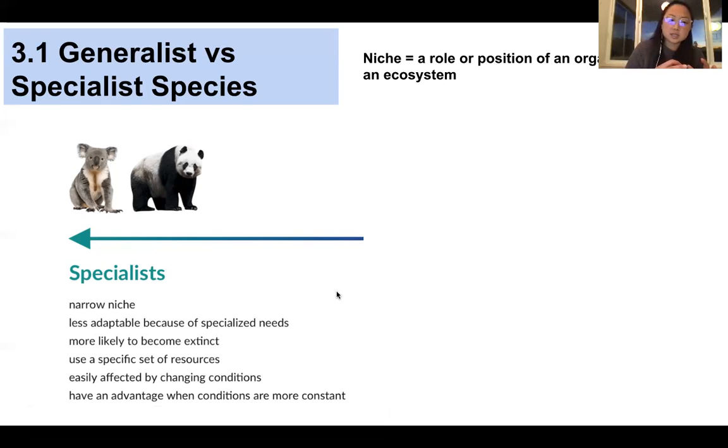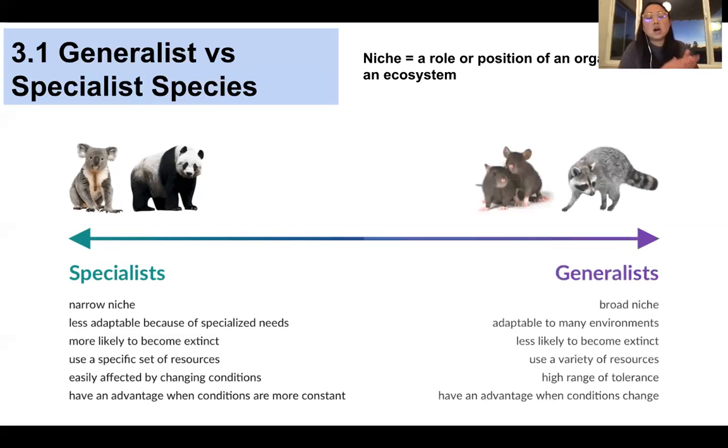So that's specialists. They specialize in a particular niche, while on the other side of the spectrum, you have generalists. Generalists are a little bit more common, like squirrels, wolves, coyotes. They fit in a lot of different places. So they have a broad niche. They can adapt to a lot of different climates and a lot of different available resources.